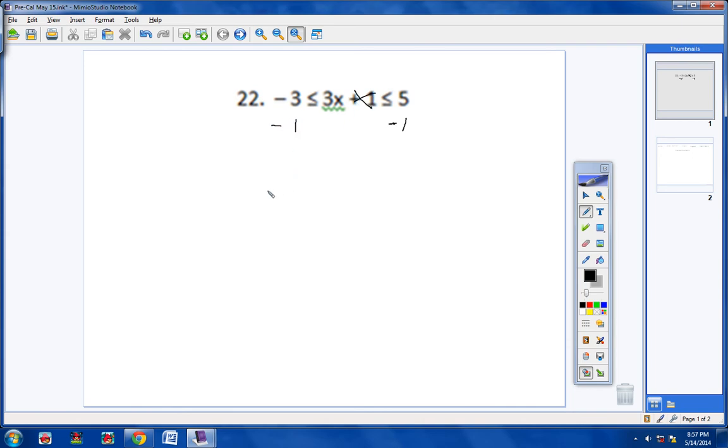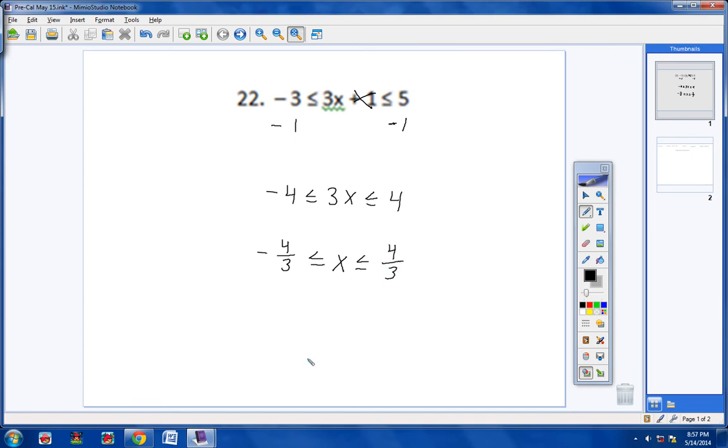And we're left with negative 4, and then 3x in the middle, and then 4 on the right side. Okay? And now divide everything by 3. So you're left with negative 4/3. And then 3x divided by 3 is x. And then 4 divided by 3 is 4/3.